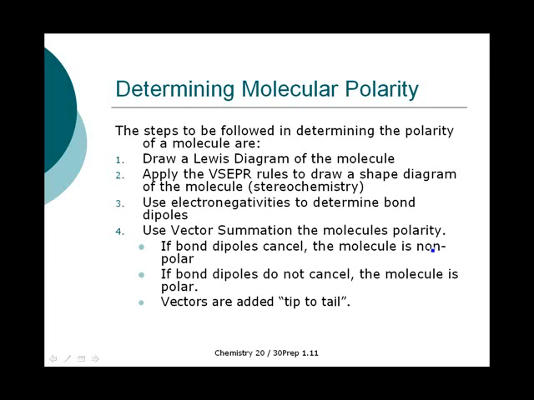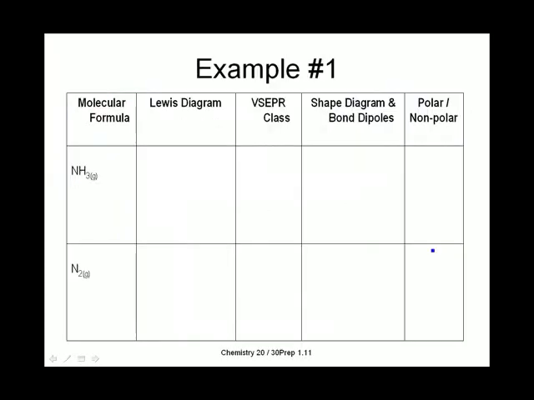If our vectors do cancel out, like they did for carbon dioxide, we get a non-polar molecule. And if you take a look, there's also a table on page 59 in your Inquiry into Chemistry that helps you determine if the molecule is polar or not polar. So we're just going to go through a bunch of examples just to see when we end up with polar molecules and non-polar molecules.